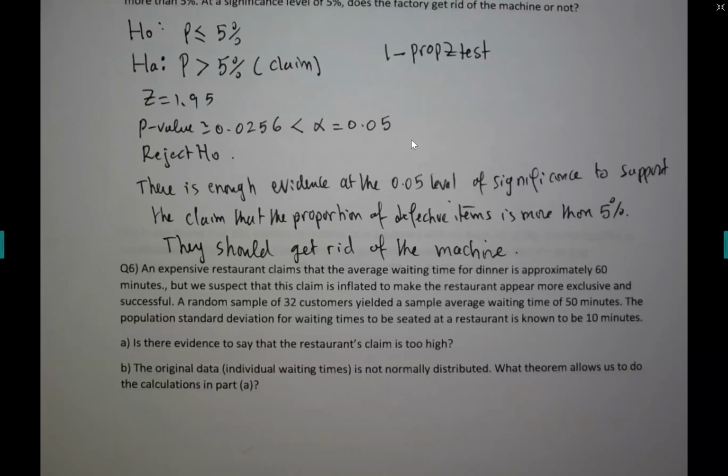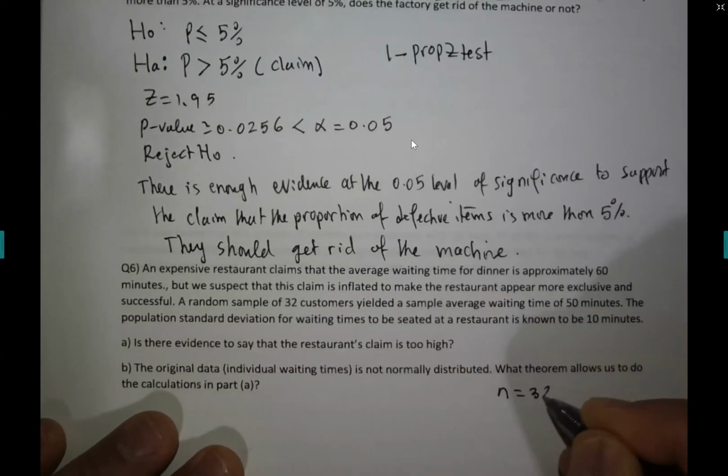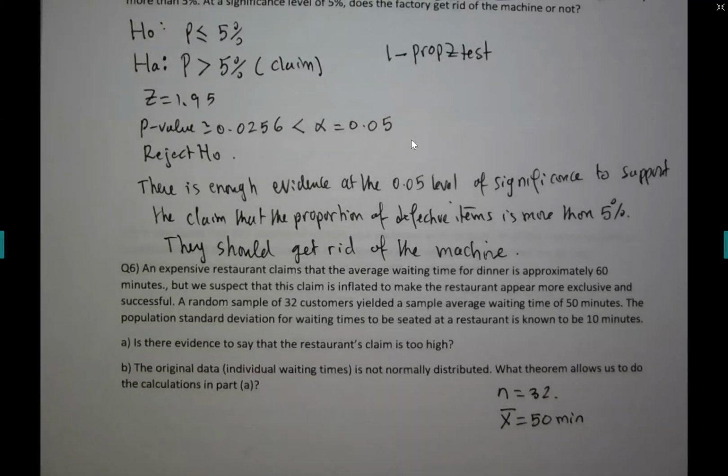A random sample of 32 customers, so that's n, yielded a sample average waiting time of 50 minutes, x-bar. Now watch, guys. He didn't say anything about the sample standard deviation, but look what he says. The population standard deviation for waiting times to be seated at a restaurant is known to be 10 minutes.